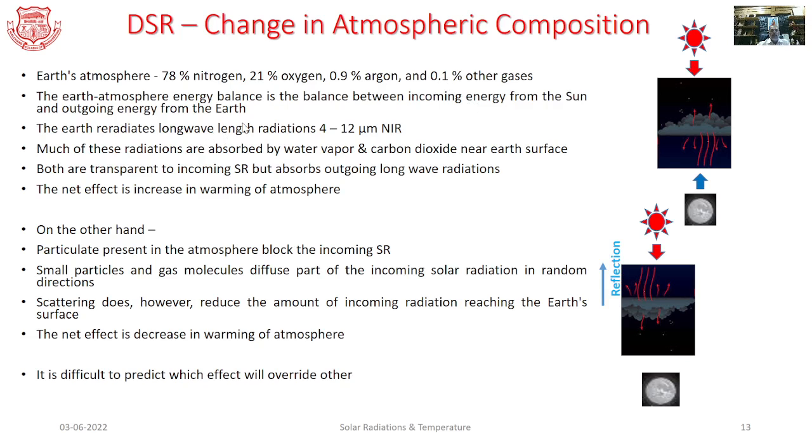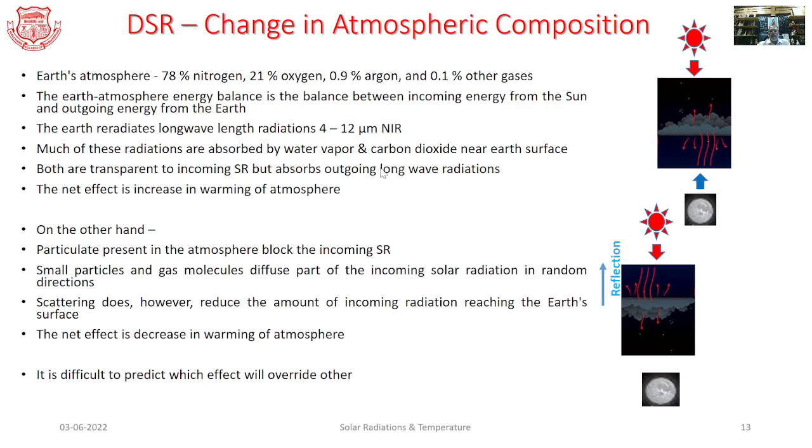As Earth receives the solar radiations, it further radiates long wave radiations within the range of 4 to 12 micrometer, near infrared range.